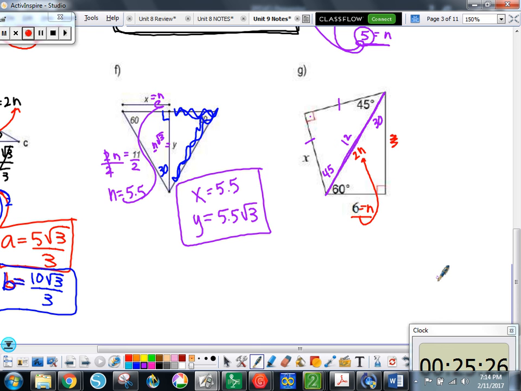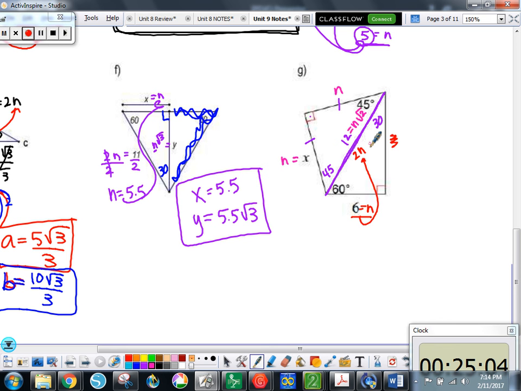Now you can disregard this triangle completely. I'll take that off, and just look at the 45, 45, 90. On that triangle, across from the 45, the isosceles sides are N, and then the hypotenuse is N square root 2.